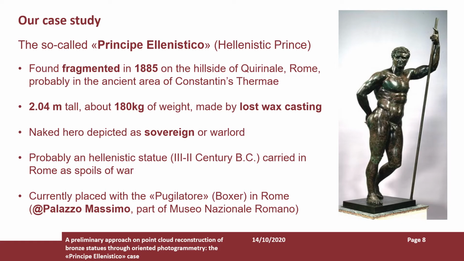As you can see, it represents a naked hero in the classical pose of sovereign or warlords. Currently, you can find him with his mate, the pugilatore, the boxer, in Rome at Palazzo Massimo, that is part of Museo Nazionale Romano.